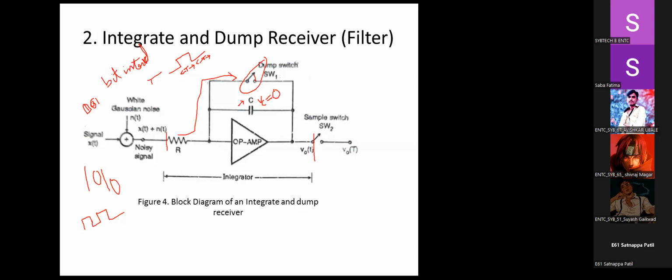Discharging of the capacitor means no current, and no current means no voltage. So we simply say that the voltage on the capacitor at the beginning of each bit interval is 0. This bit interval, this bit interval, this bit interval, it turns out to be 0.